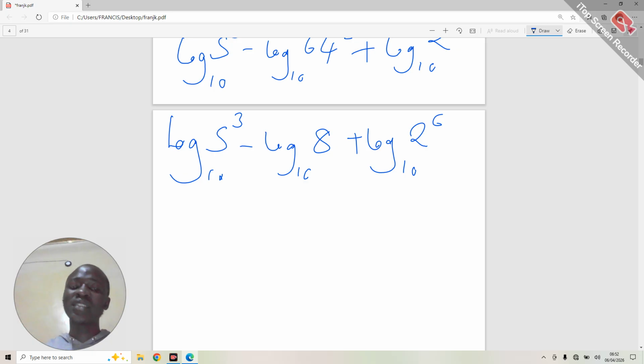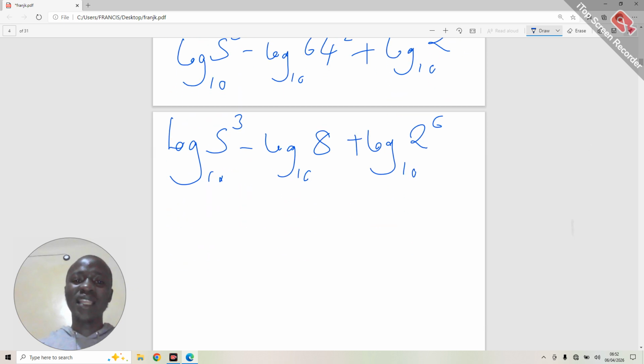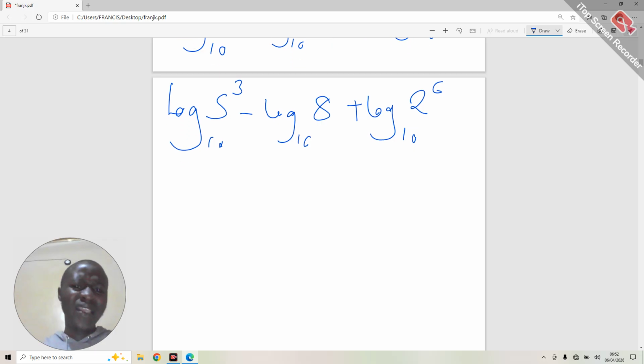You see, at this juncture, you can go straight ahead and apply that law combining 3 logs. But I don't think that is the necessary way a good student should tackle this question.